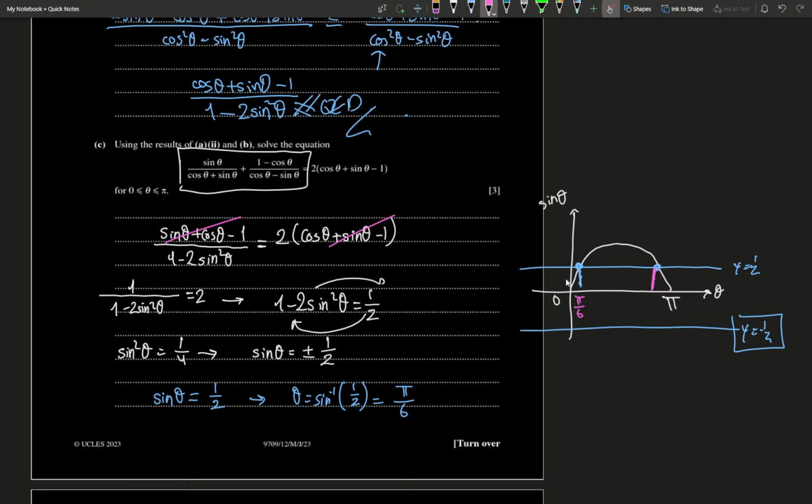We can just use a property of sine graphs that they are symmetrical, meaning that the distance between the origin and pi over 6, or this point of intersection, is the same distance as this point of intersection and pi. So to find this point of intersection you just subtract pi over 6 from pi. The two solutions are pi over 6 and pi minus pi over 6, which is equal to 5 pi over 6. You'll end up with theta is equal to pi over 6 and 5 pi over 6. These are the only two solutions.